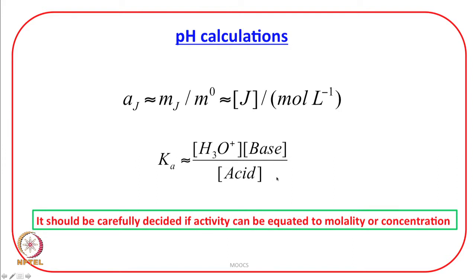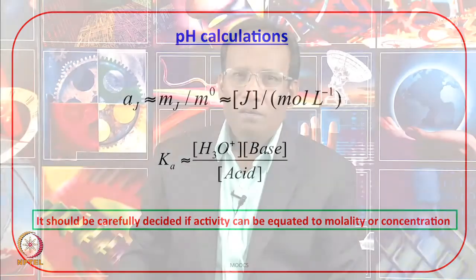In elementary textbooks, the acidity constant is written as the ratio of concentrations, and in advanced textbooks, it is written as the ratio of activities. So, please make a suitable judgment when activities can be replaced by molality or by concentration.